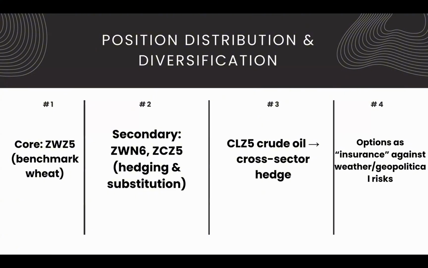We also included crude oil futures, CLZ5, which provided cross-sector diversification, and by adding exposure to the energy market, it strengthened the resilience of the portfolio, especially against rising transportation and production costs in agriculture.